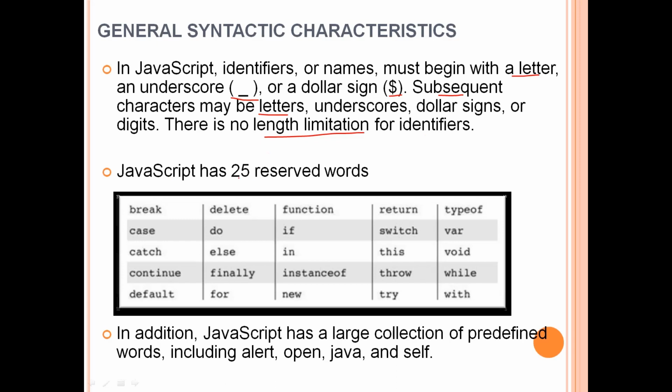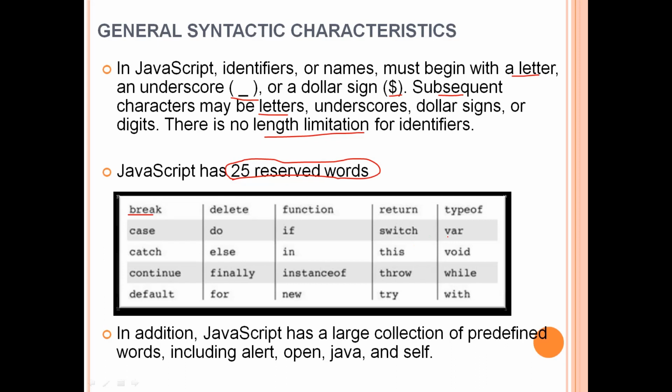In JavaScript, there are 25 reserved words, that is the keywords, and most of the reserved words you are already familiar with, like break, case, catch, continue, default, for, new, instanceof, throw, try, switch.